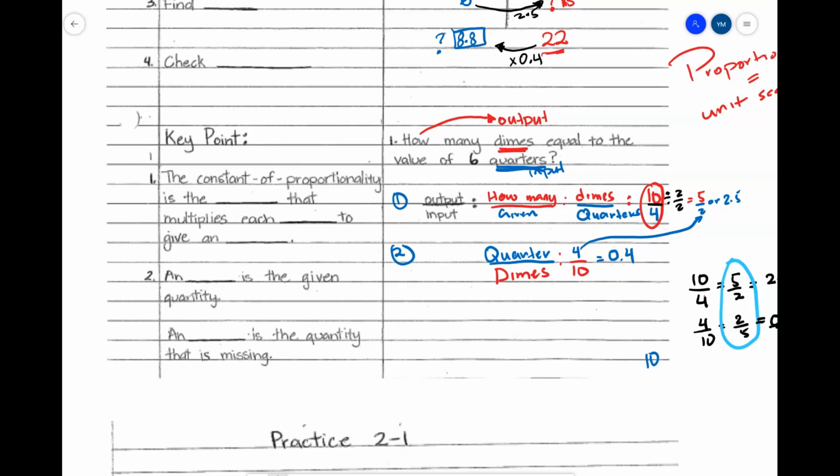So the question is, the constant of proportionality is the blank that multiplies each blank to a blank. So constant of proportionality is simply the proportion, right?